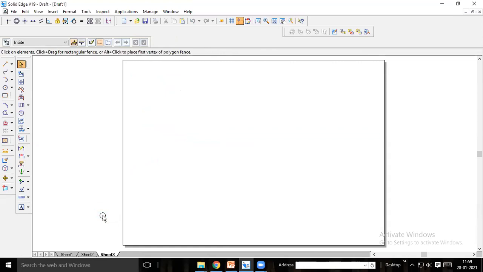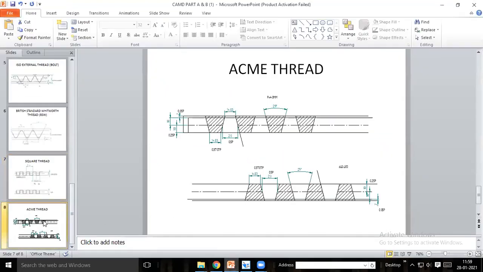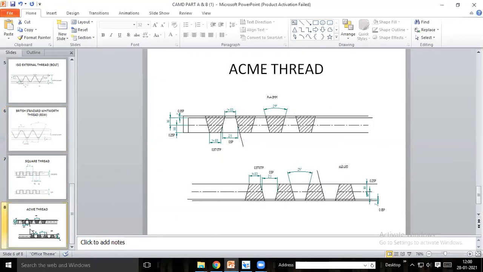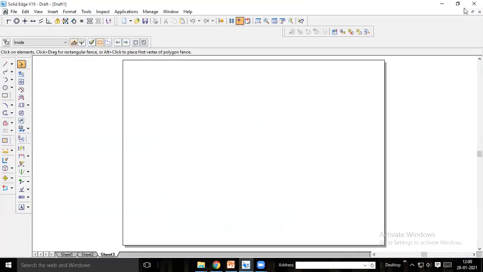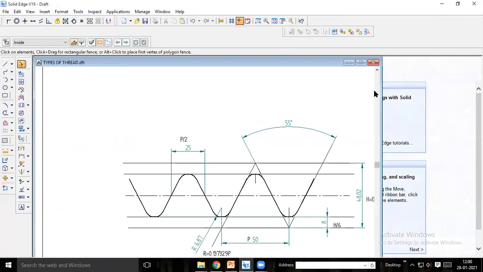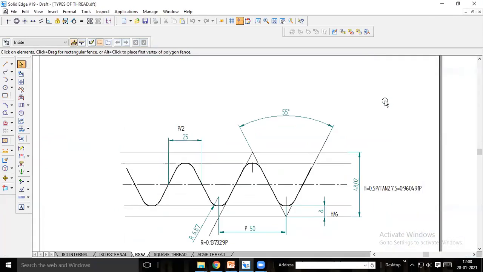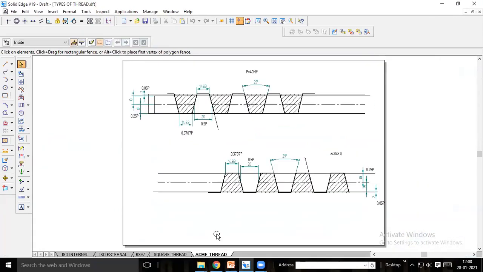The next one, the last one, is the Acme thread. What is the Acme thread? You see the PPT here. So see the Acme thread here.